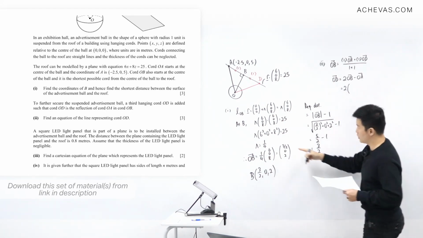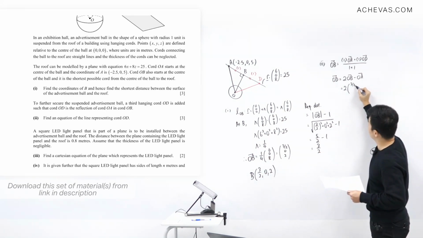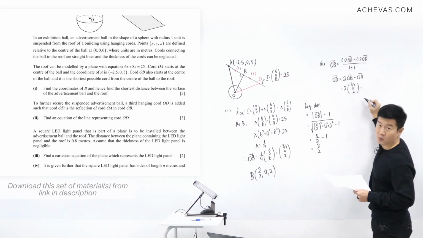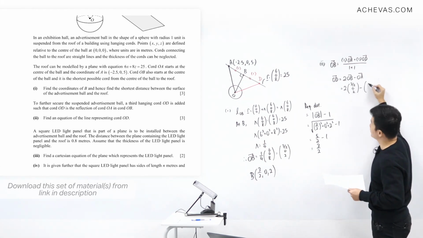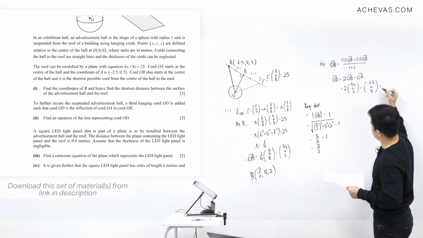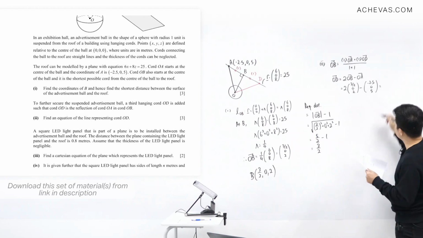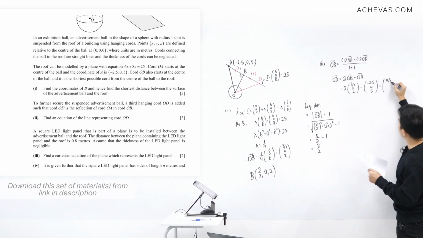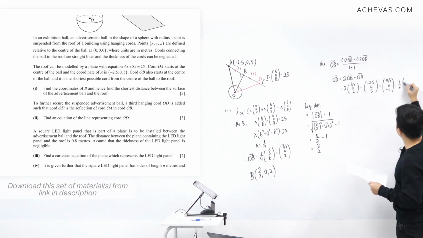It's going to be 2 times OB, which is (3 over 2, 0, 2), minus away OA, which is going to be (negative 2.5, 0, 5). This gives me OD as (11 over 2, 0, minus 1), which if I factorize out a half, is (11, 0, minus 2).